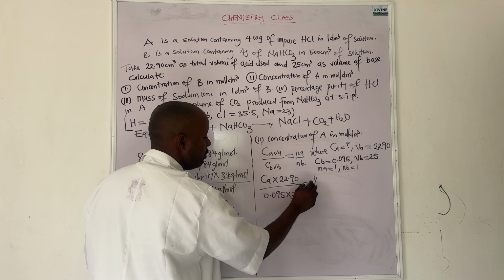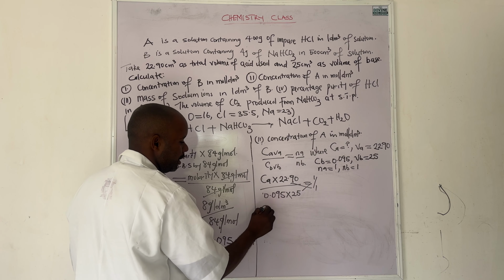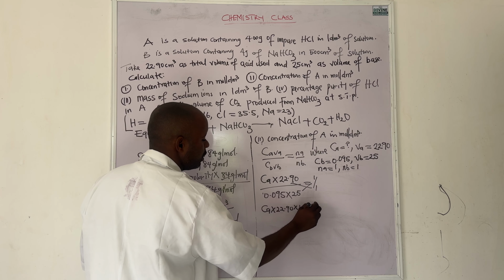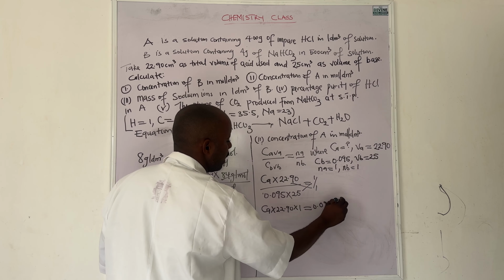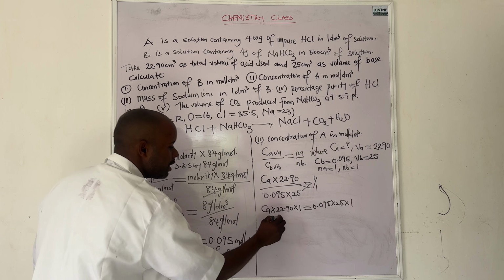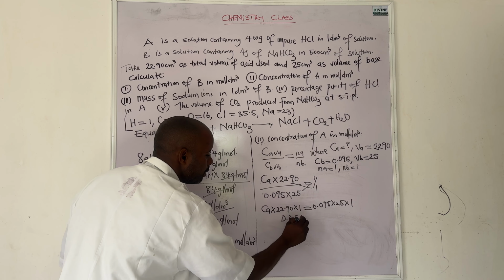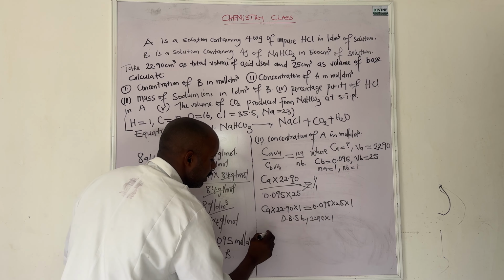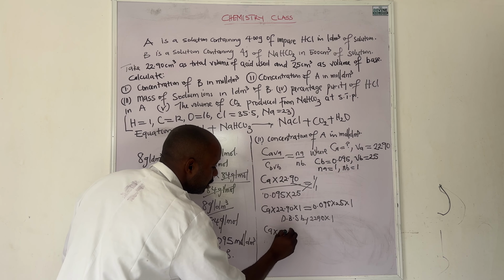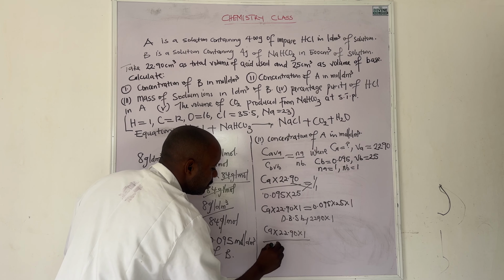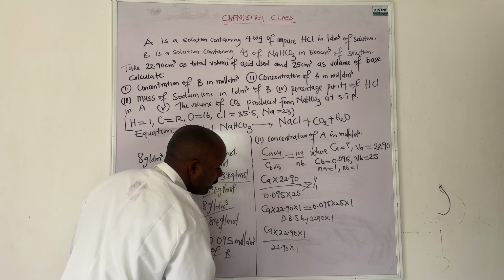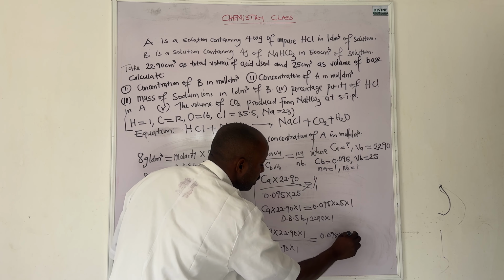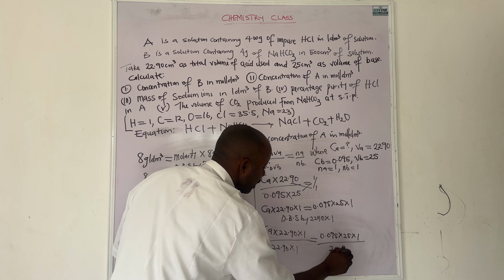So if we cross multiply, let's make the equation linear. First, you're going to have CA times 22.90 times 1 is equal to 0.095 times 25 times 1. So divide both sides by 22.90 times 1. I'm going to have CA times 22.90 times 1 all over 22.90 times 1 is equal to 0.095 times 25 times 1 all over 22.90.